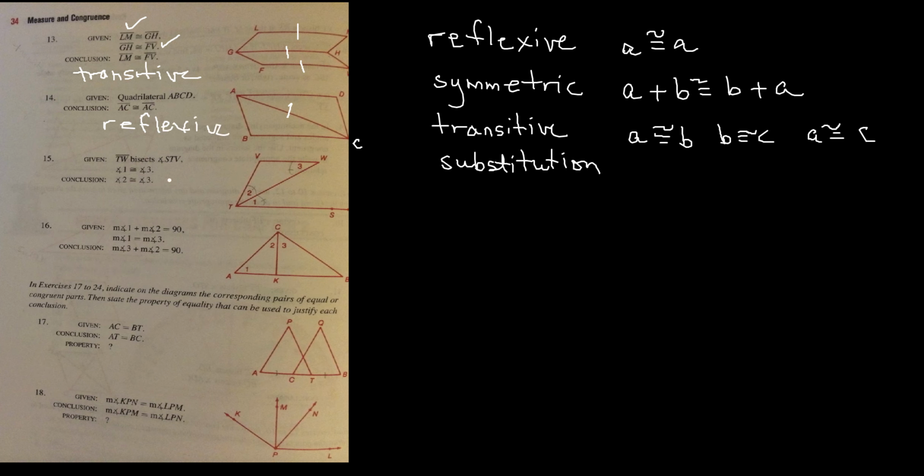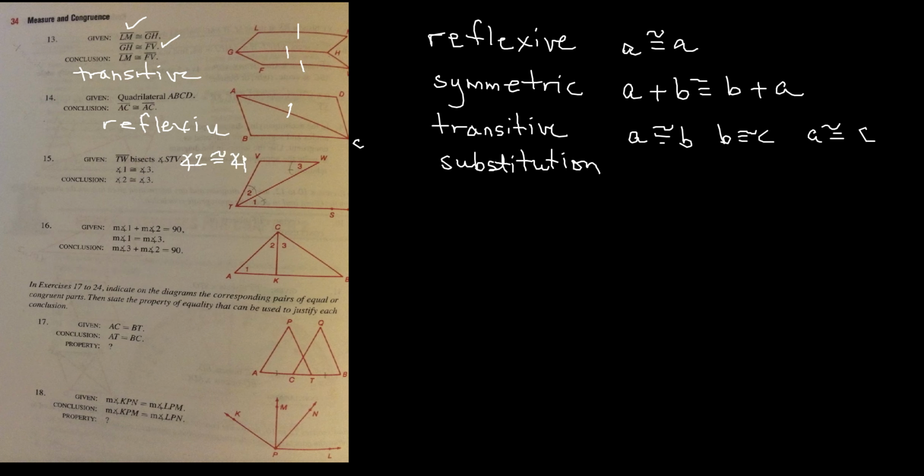All right, next one. TW bisects STV, and I already put the markings in here. And they also tell us 1 is congruent to 3. Well, we know 1 is congruent to 3, and because we found this out, we would say angle 2 is congruent to angle 1.